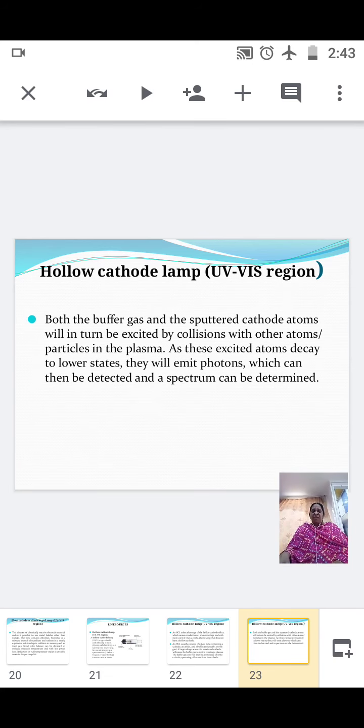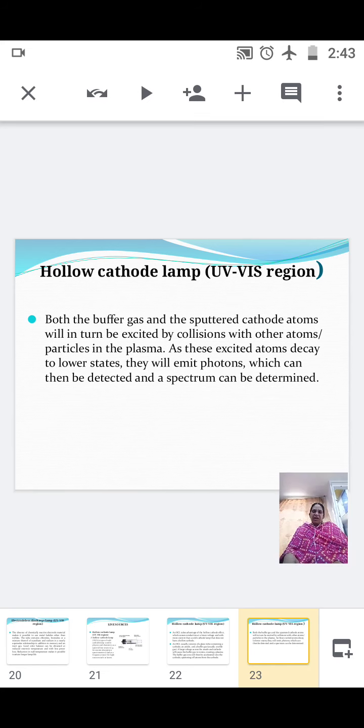Both the buffer gas and the sputtered cathode atoms will in turn be excited by collisions with other atoms or particles in the plasma.